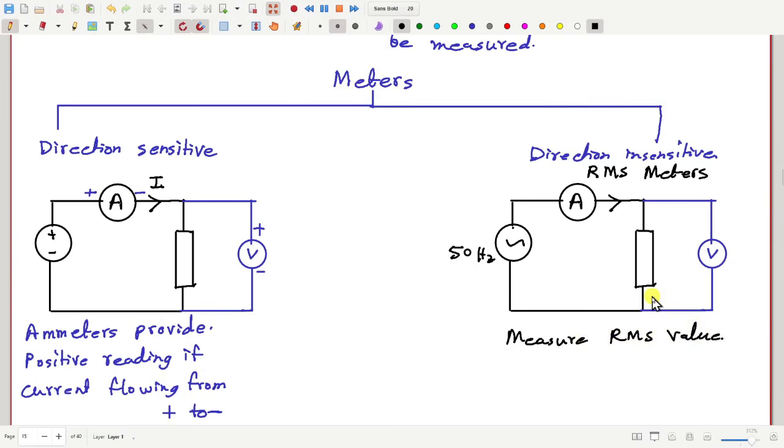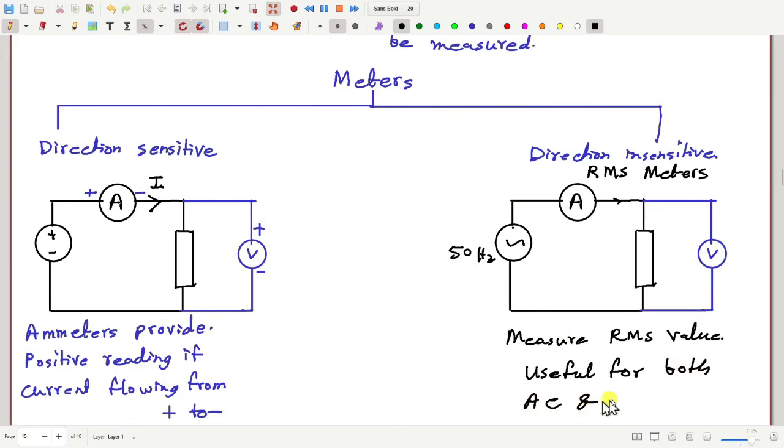RMS value is always positive irrespective of the direction in which the current is flowing, and irrespective of the voltage. So this is more useful for AC circuits, but you can also use it for DC circuits; it is useful for both.